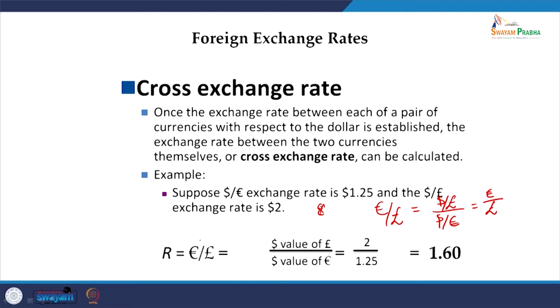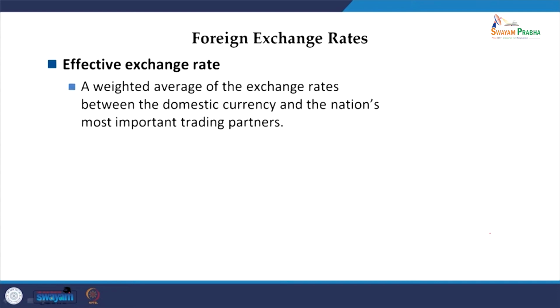So, this is what we want. Then we simply divide 2 by 1.25, that is basically 1.6. So, how many euro can a pound purchase? It is 1.6.